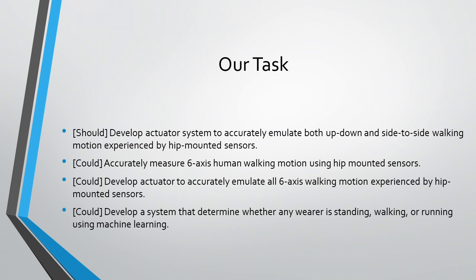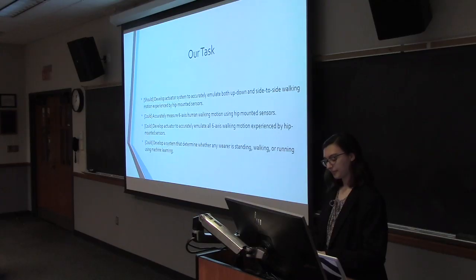Once we finished all the requirements previously listed, we were to use our sensor to collect accurate data for the human walking motion of the z-axis, so forward and back, in addition to the previous x and y-axis motion, and develop a system to replicate the up and down, side to side, and forward and back motion. Finally, if we were able to, we were to develop a system which could sense whether a person was actively running, walking, or staying in one place.